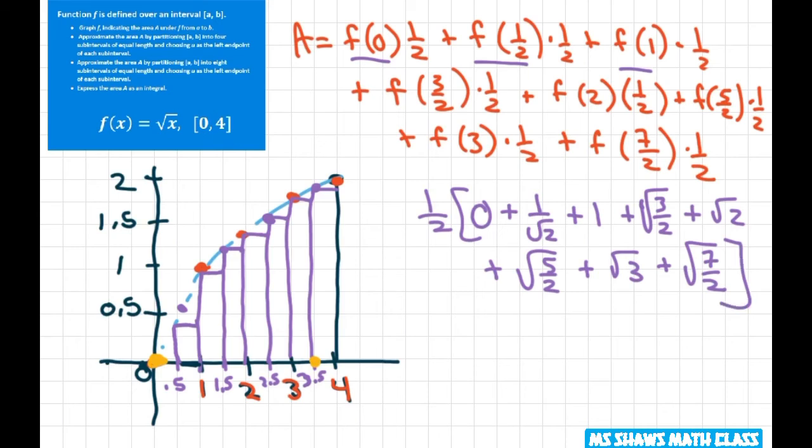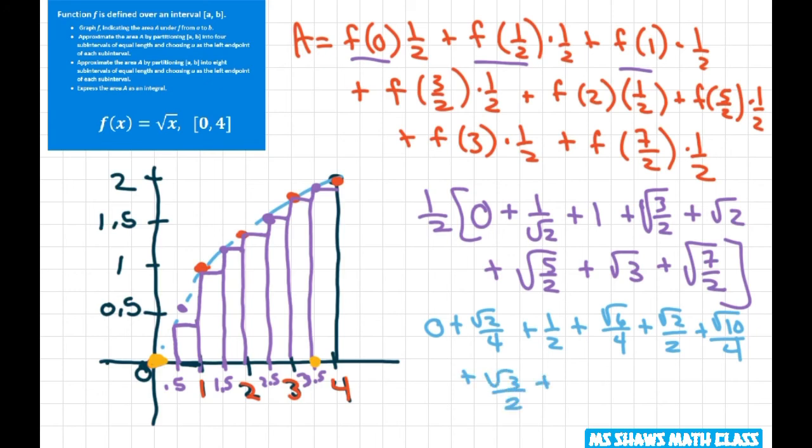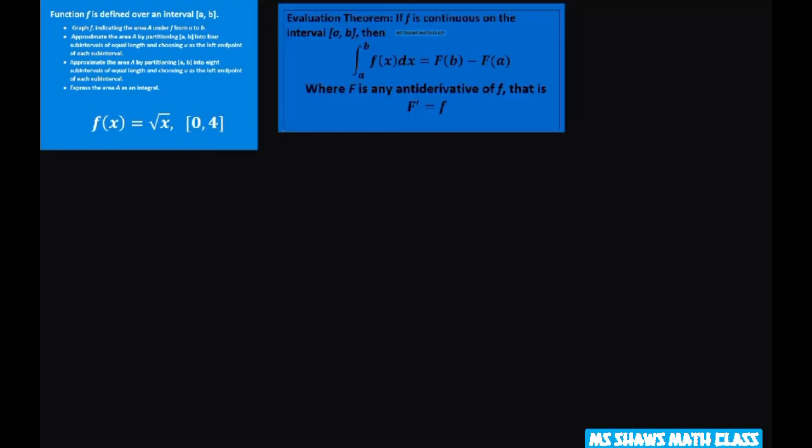Remember, you have to distribute the 1/2. When you do that, you're going to get 0 plus square root of 2 divided by 4 plus 1/2 plus square root of 6 divided by 4 plus square root of 2 divided by 2 plus square root of 10 divided by 4 plus square root of 3 divided by 2 plus square root of 14 divided by 4. This is approximately 4.77 for the area.